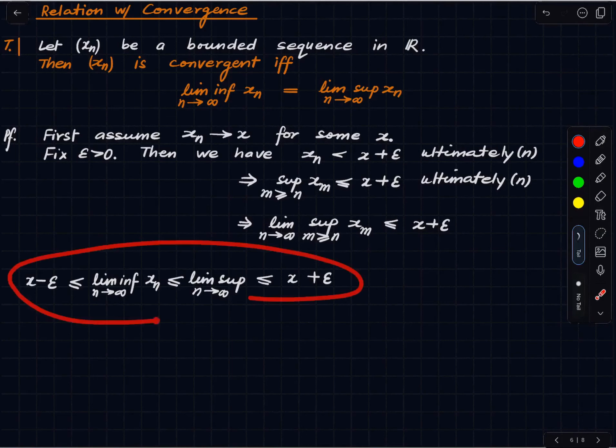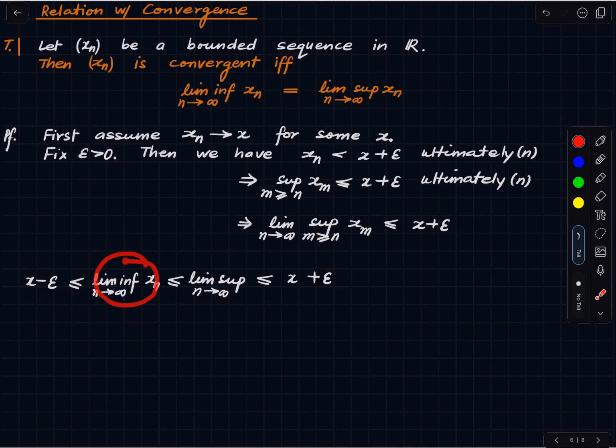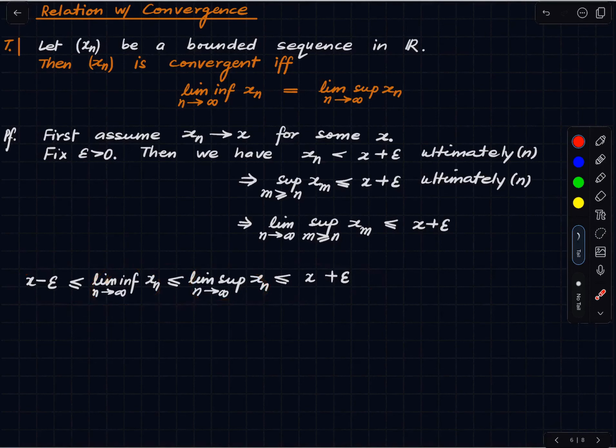So we have established this, but this is true for all epsilon greater than 0, and therefore these two numbers must become equal. Here I forgot to write xn. So these two numbers must be equal because this happens for each epsilon greater than 0. Okay, so this finishes the proof in this direction, meaning if you assume convergence, you have proven the equality of the inferior and the superior.